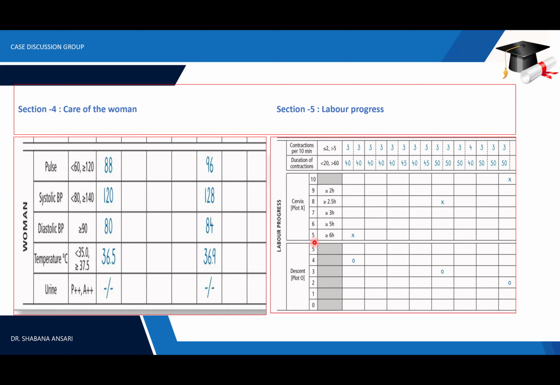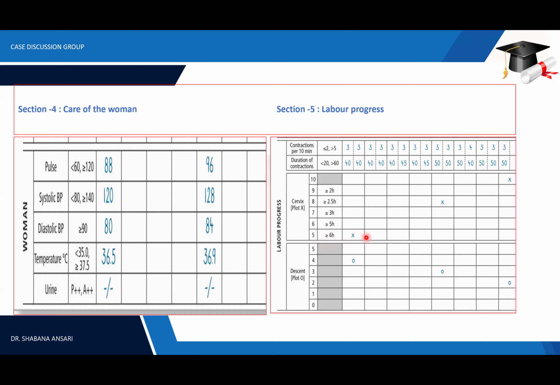So she's 5 centimeters. How many hours she has taken, we are supposed to mention here. If it is less than 6 hours, then it is normal. And after 4 hours, we'll be checking her PV again to see how many centimeters she is. If she's around 8 centimeters and has taken more than 2.5 hours, then it is the alert line.